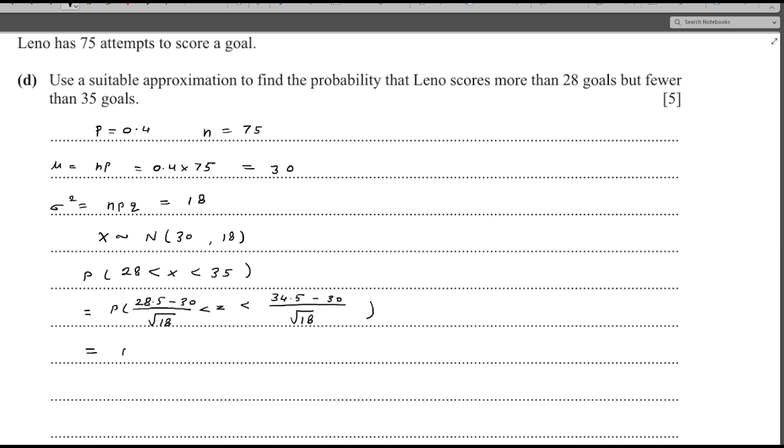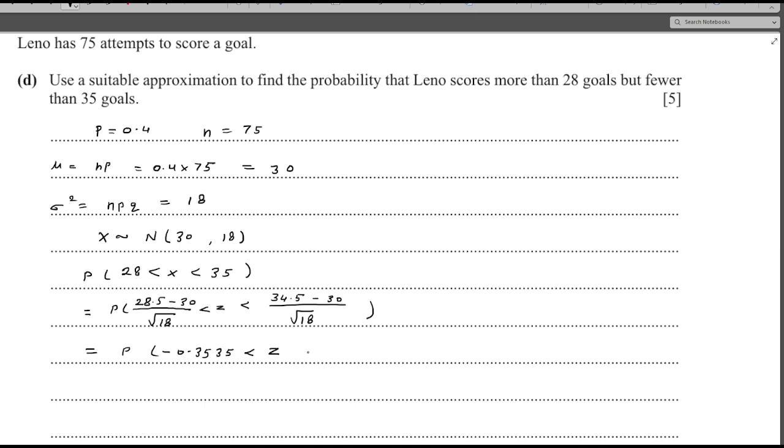So the probability here is Z more than 28.5 minus 30 divided by root 18. This is minus 0.3535.